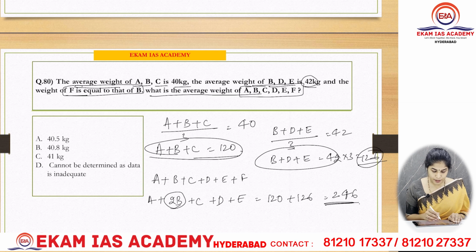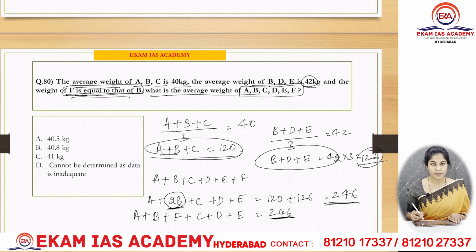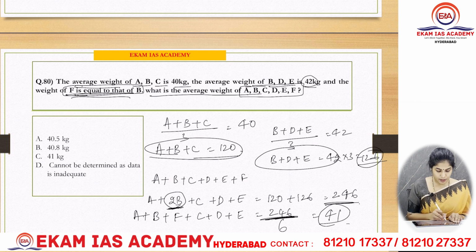Here it is 2B and he is telling that F is equal to B. So here 2B we can write as B and F. So A plus B plus F plus C plus D plus E is equal to 246. They are asking the average weight. So how many are there in number? 1, 2, 3, 4, 5, 6. So 246 by 6, which is 41. So the answer is C, which is 41 kgs.